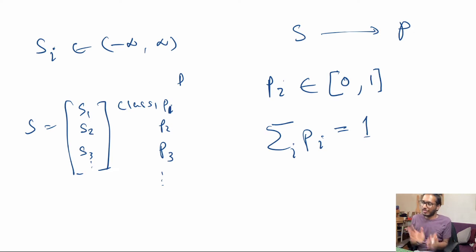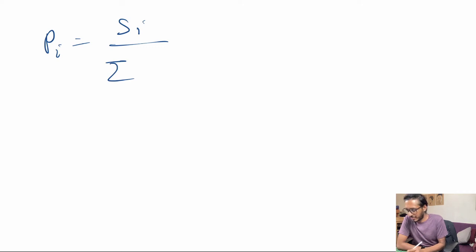So having this goal in mind, one thing we can do, you might already be thinking of this, is Si divided by the sum of Sj, the sum of all scores. This works all right, but let's take a scenario where we have the scores 0, 1, and 2.